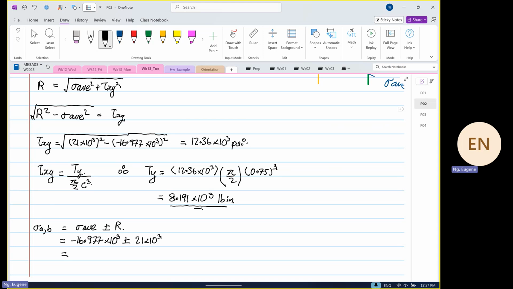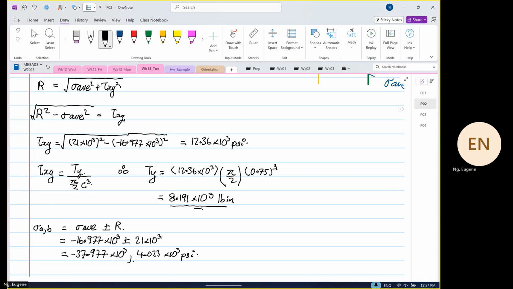So this will be equal to minus 37.977 times 10 to the power 3 and 4.023 times 10 to the power 3 psi.